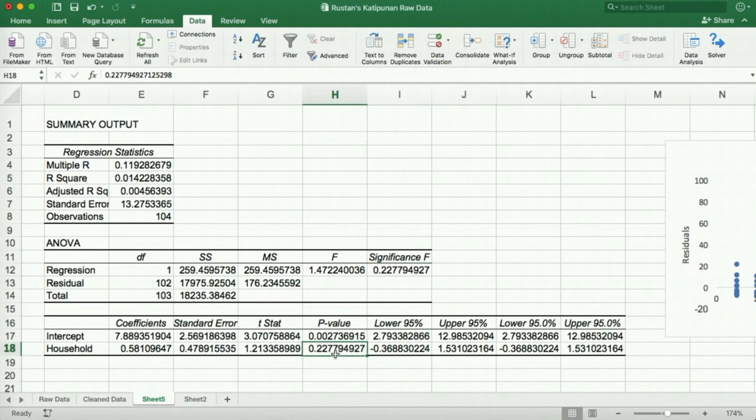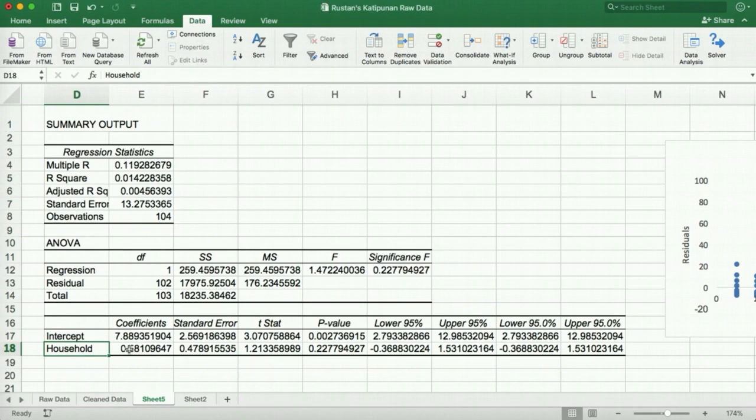They have the same value and they're both higher than 10%, which means that this slope, this coefficient, is not statistically significant, which means that again, we can say that there's not sufficient evidence to support the claim that there's a relationship between the number of people in the household and the total number of items bought.